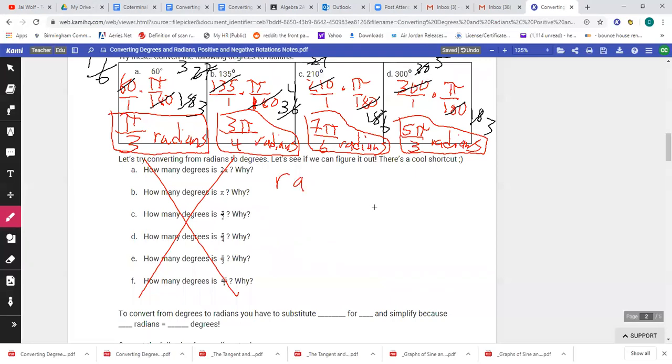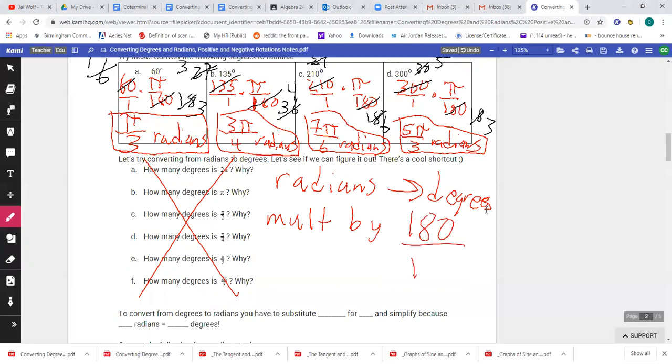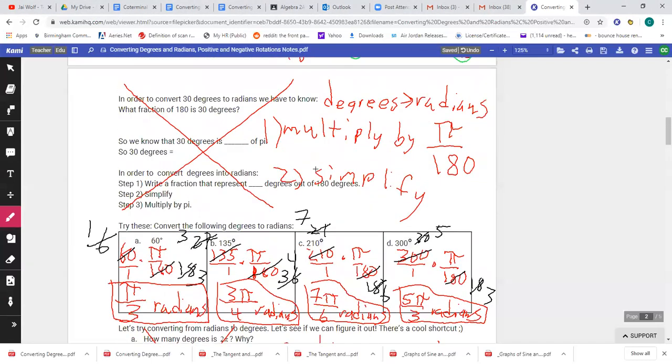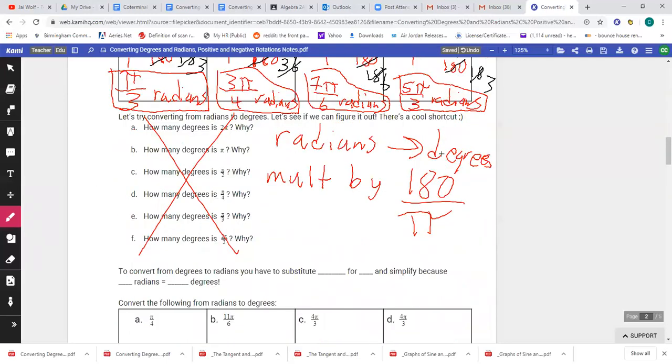If I want to go from radians to degrees, that's degrees, I multiply by 180 over pi. So you see how here on the top, and I'll go back down so you could copy it, degrees to radians is multiplying by pi over 180. Okay? If I want to go from radians to degrees, I just flip it, and now it's 180 over pi.